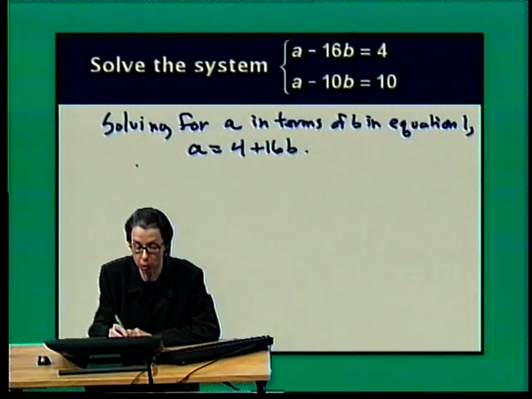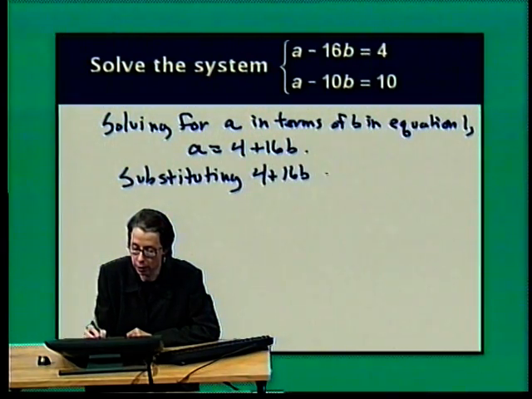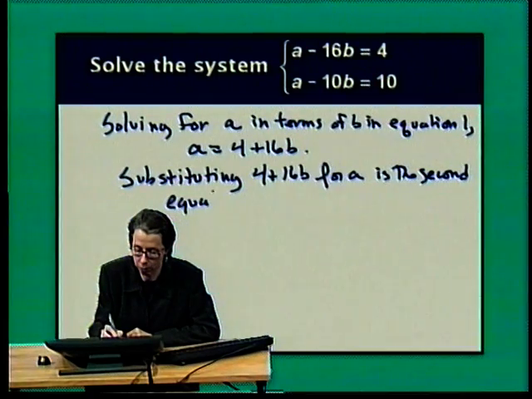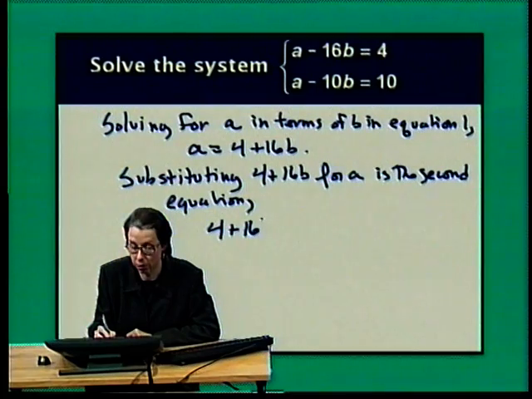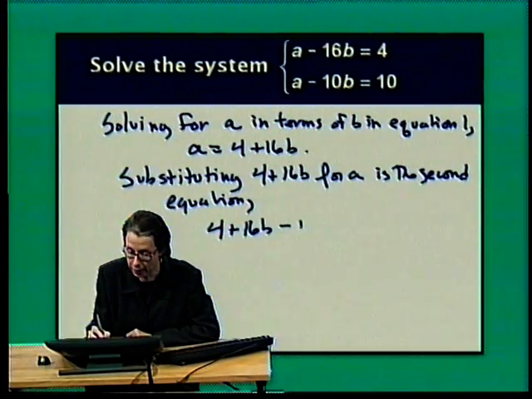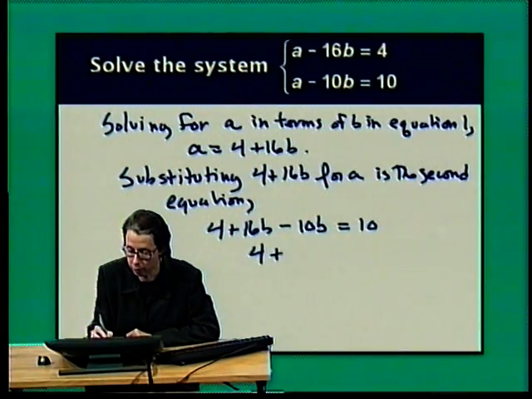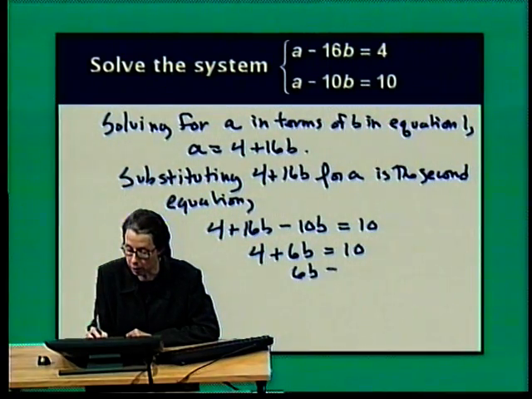Now I'm going to do a substitution. Substituting 4 plus 16b for a in the second equation, I have a, which is 4 plus 16b, minus 10b equals 10. So 4 plus 6b equals 10. So 6b equals 6, b equals 1.